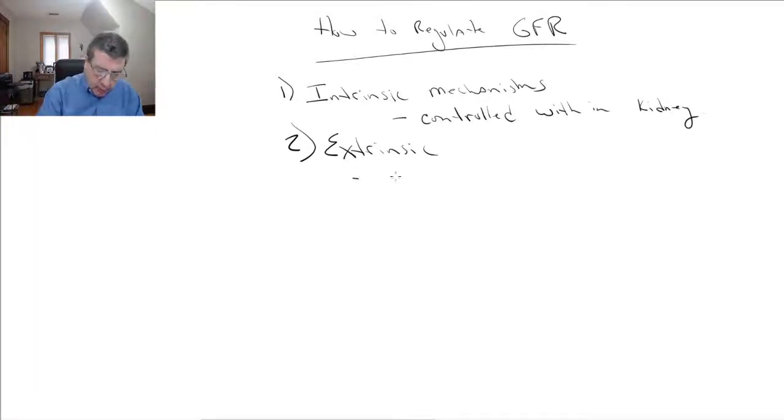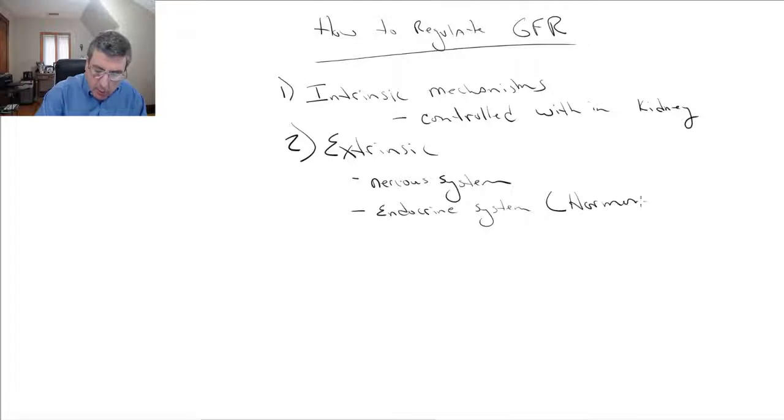So this is going to be your nervous system, and your endocrine system, and that's going to be hormones. Okay, so those are your two different factors that we're going to consider.